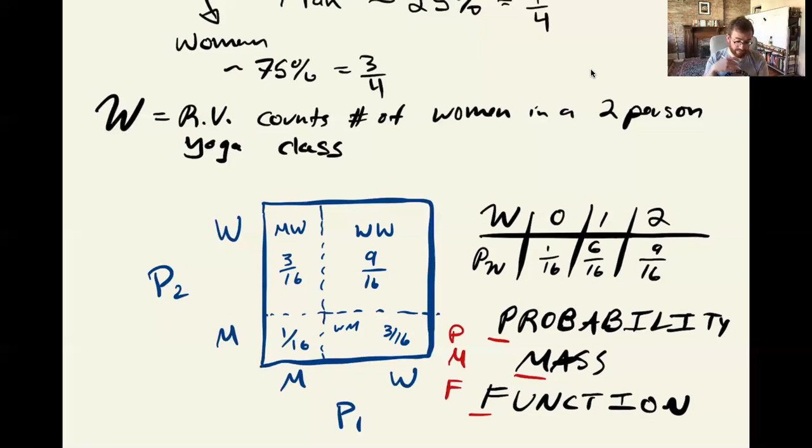All right, so what was happening in both of these examples, either the 2 coins or the 2 people in class, is that we had some total number, in this case 2, and every try or every person was sort of independent in one of 2 possible outcomes. Ultimately, what these variables H and W were counting is the number of, let's say, successes, or at least number of ways in which one of the 2 events happens.